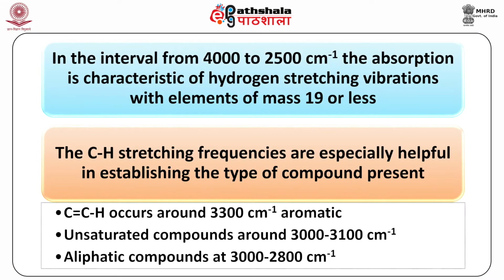In the derivation of information from an infrared spectrum, prominent bands in this region are noted and assigned first. In the interval from 4000 to 2500 cm⁻¹, the absorption is characteristic of hydrogen stretching vibrations with elements of mass 19 or less. The CH stretching frequencies are especially helpful in establishing the type of compound present.